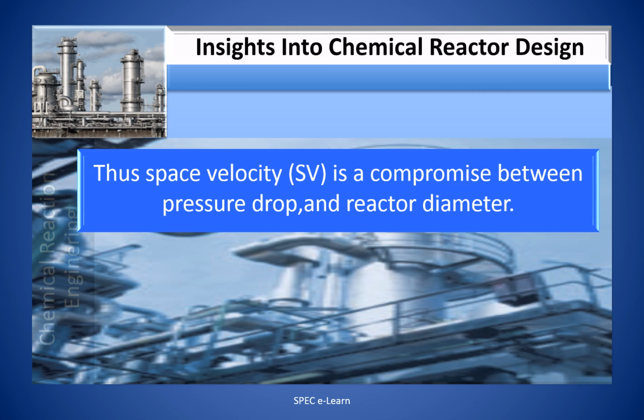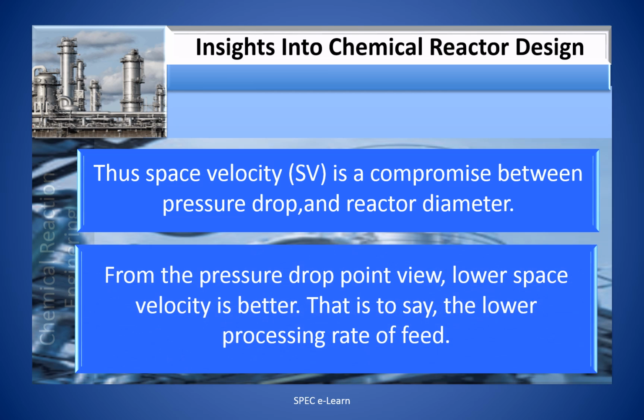Thus, space velocity is a compromise between pressure drop and reactor diameter. From the pressure drop point of view, lower space velocity is better. That is to say, the lower processing rate of feed.